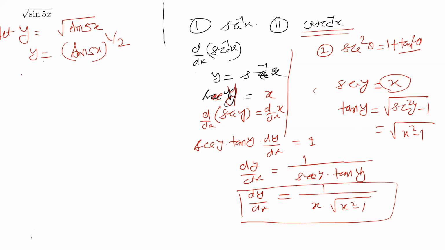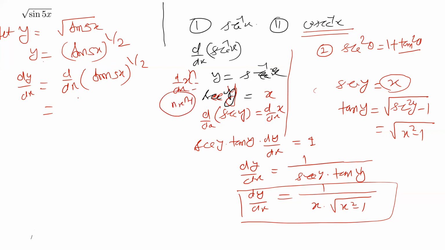Here we are applying the chain rule. dy by dx equal to d by dx of sin 5x power 1 by 2. Here in sin 5x, we assume this whole value is x, so x power 1 by 2. Then we apply the rule: derivative of x power n gives n into x power n minus 1.